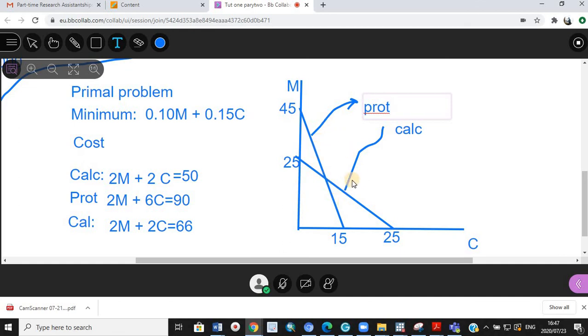All right, now let's go to calories, right? If this is 0, this is going to be 33, somewhere around here. 33. Protein calories.